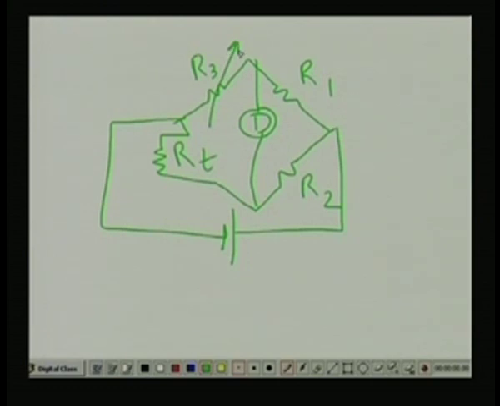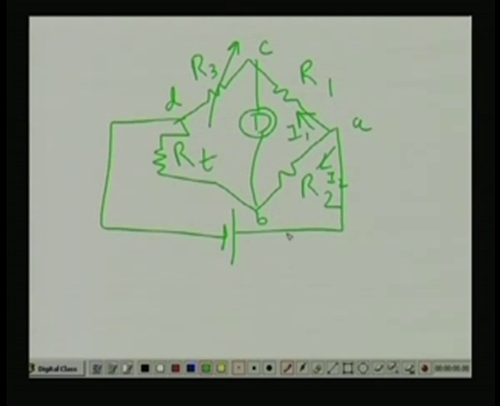We make RT variable, and this is the potential. Suppose this point is A, this is B, this is C, this is D, and suppose this current is I1 and this current is I2.